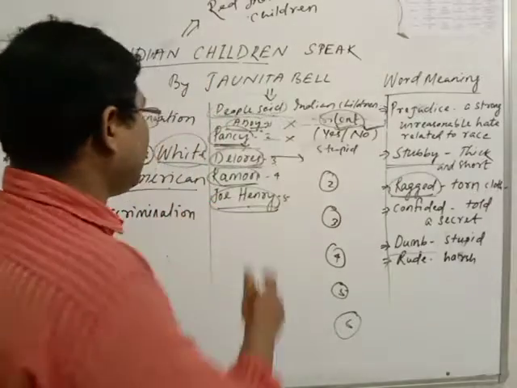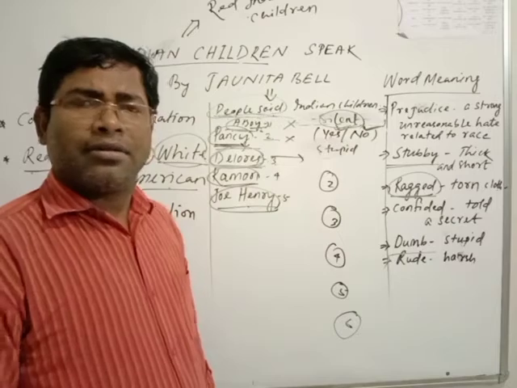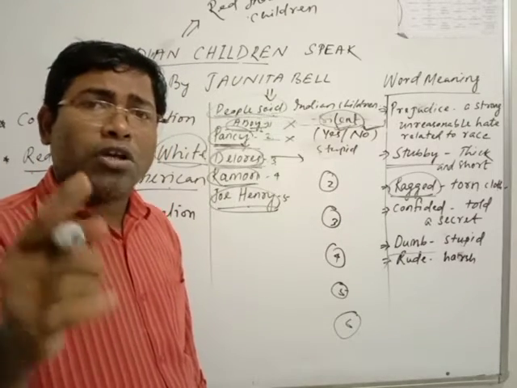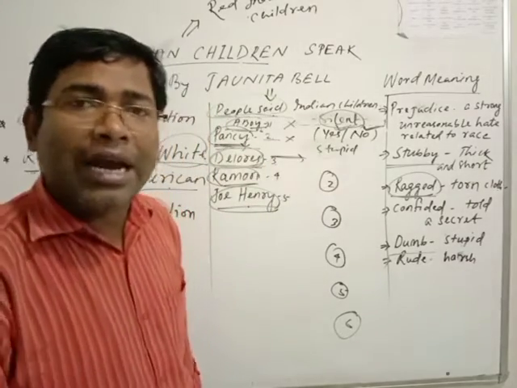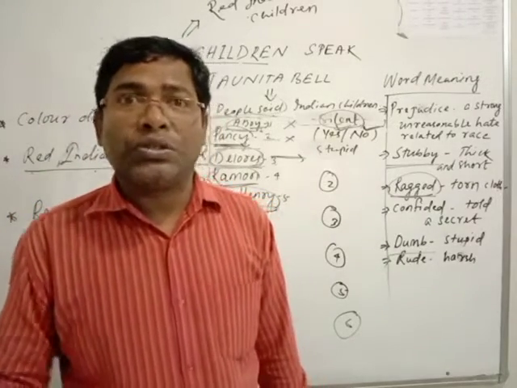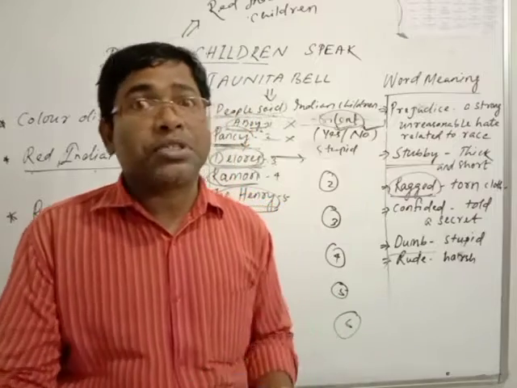So how can we say that Delors is a stupid boy, or that red Indian children are very stupid? It is also proved wrong because Delors is also a red Indian child. He says that the sunset is very good. It means he can enjoy the setting of the sun.